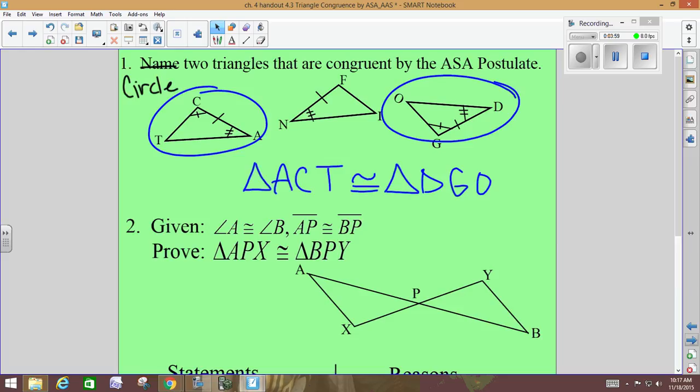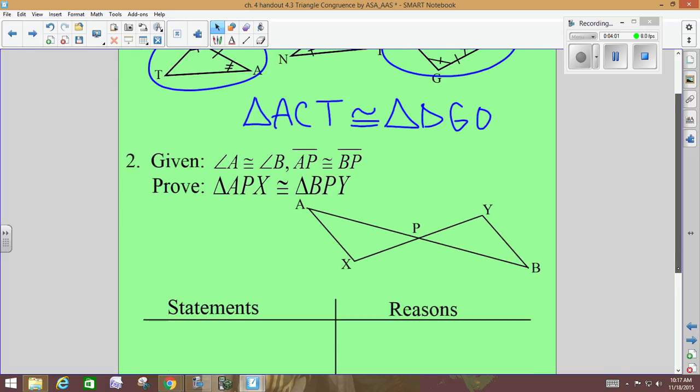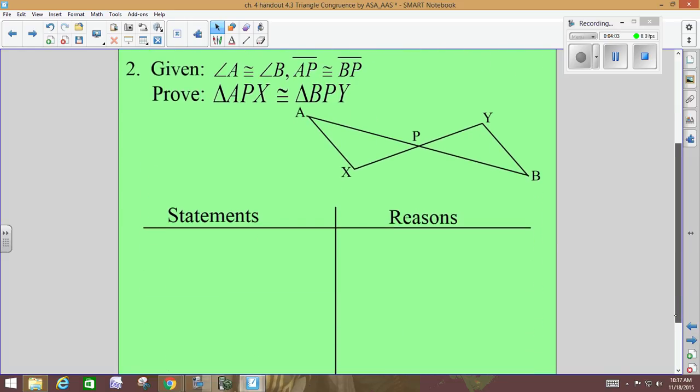All right. So, next example of proof. Given angle A is congruent to angle B, segment AP is congruent to segment BP, we're trying to prove that the 2 triangles are congruent. What's the first step in a proof? Given. All right, copy it down.